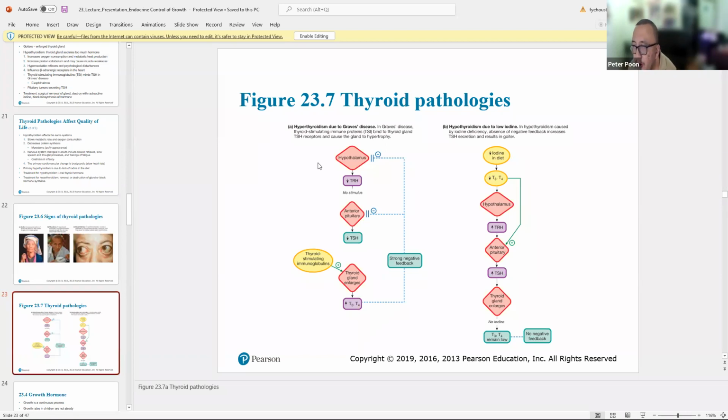So hyperthyroidism is due to Graves' disease. Graves' disease is where we produce too much thyroid hormone.